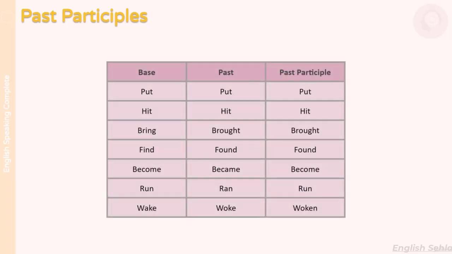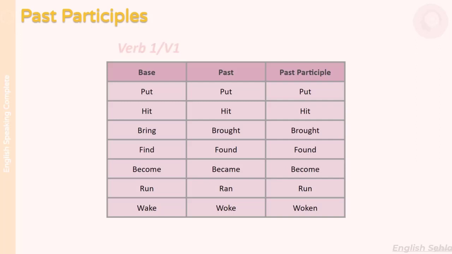Okay, so past participles. I mentioned this in our first lesson on verbs. Past participles are really important in all perfect tenses. You may have seen this before with me: I've talked about base forms of the verb, past forms of the verb, and the past participles.